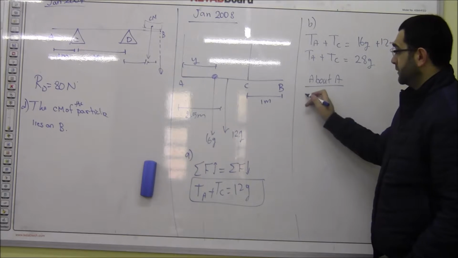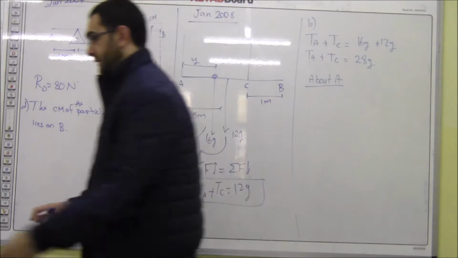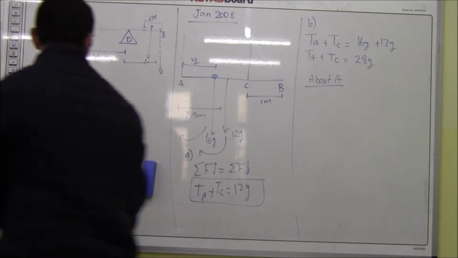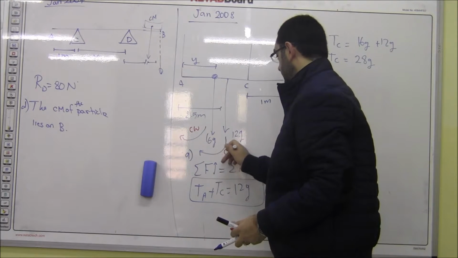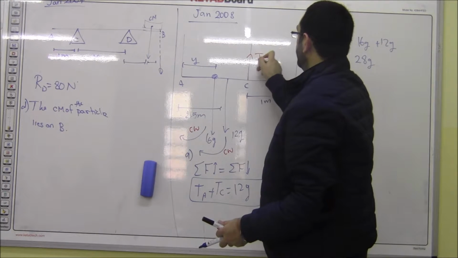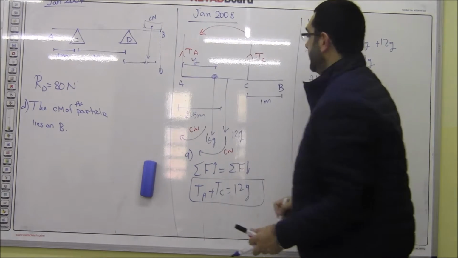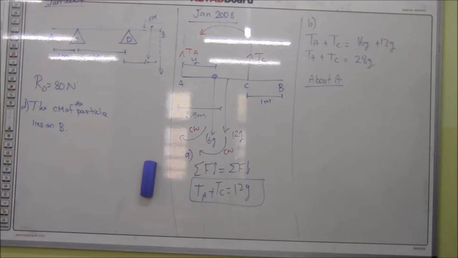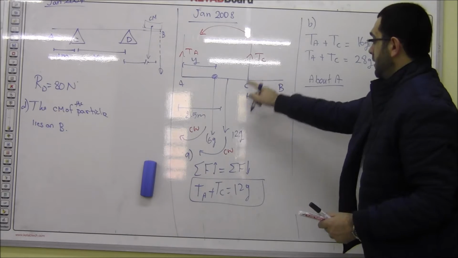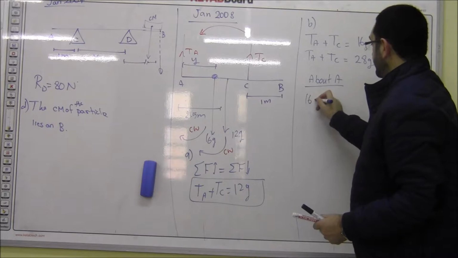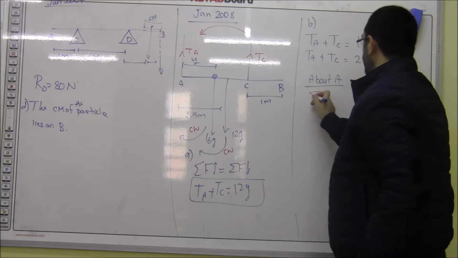About A, both of these are clockwise, and TC is anti-clockwise. Clear? So now, 16G, or sum of moments, let's start. Sum of moments clockwise.